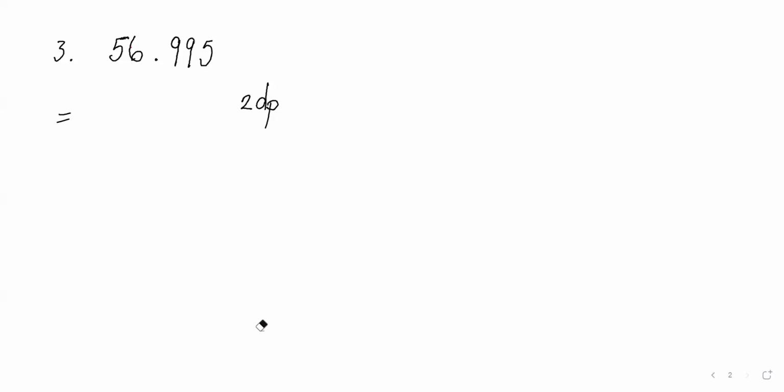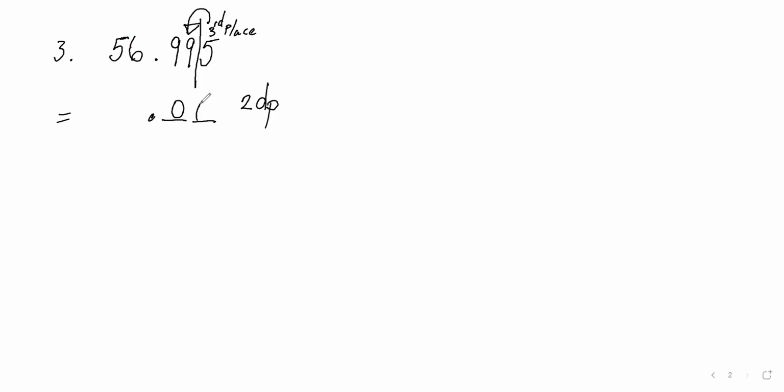No, Leilani, it will be 57. And let me tell you all why. It's two decimal places. So you have the point and 2. So you look at the third number. If it's 5 or more, you add 1. If I add 1 to 99, what would I get?